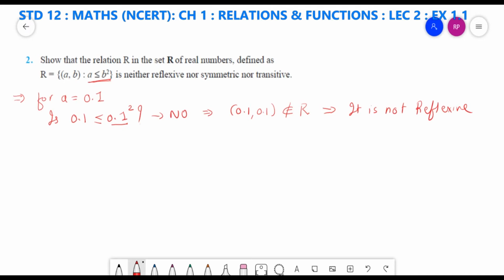Now for symmetry. We also have to prove that it is not a symmetric relation.